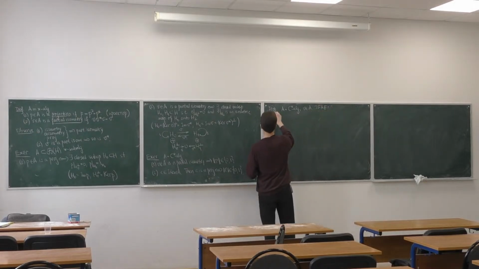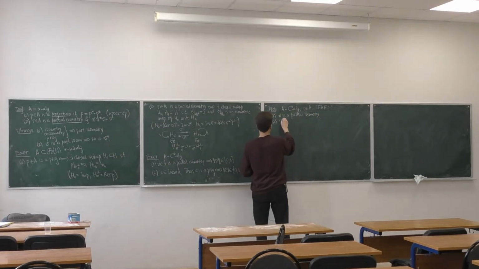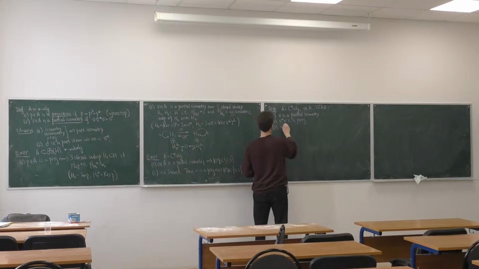Condition 1, v is a partial isometry. Condition 2, v star v is a projection. And condition 3, v v star is a projection.